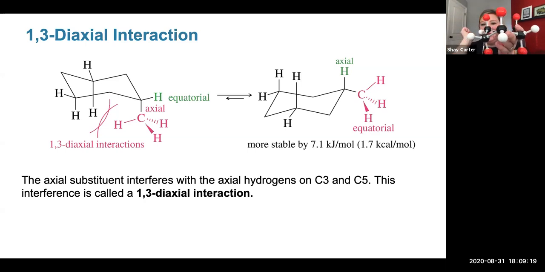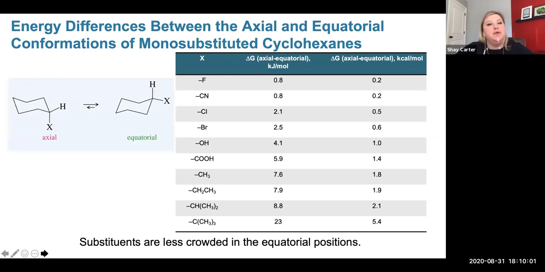Okay, so those are diaxial interactions, and they can have problems. We still see them with hydrogens, but with our big bulky groups, it's better for them to be in the equatorial position because we see less 1,3 diaxial interactions. So if you imagine that this is a really giant methyl group, it's going to really interfere with this one right here. There's going to be a lot of steric interaction between them. Steric meaning we're forcing those electron clouds too close together. So here are some examples.